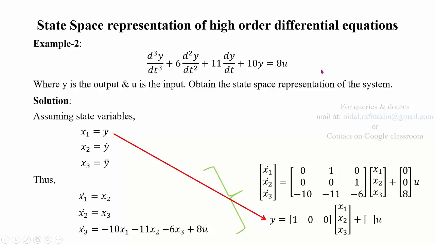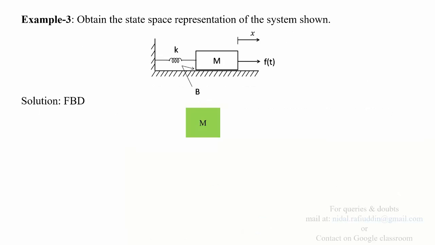So what we did was we converted this third order differential equation into three single order differential equations by assuming state variables in this manner, and from that we obtain relation like this. Now here is an example of a mechanical system. In the previous example we discussed how to obtain state space representation of differential equations of order more than 1.